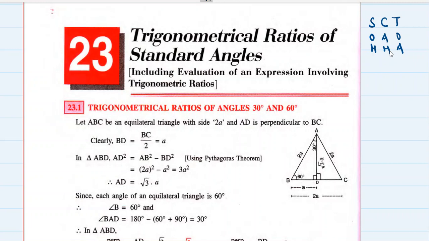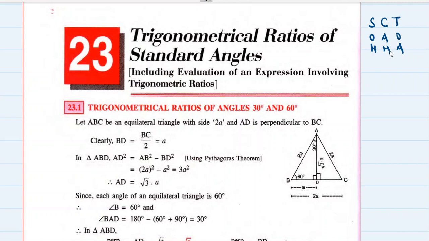So if in a right angle triangle, the acute angle is, let's say, 30 degree or 60 degree or 45 degree for that matter, we can find the values of sine, cos, tan, cot, sec and cosec of these standard angles.